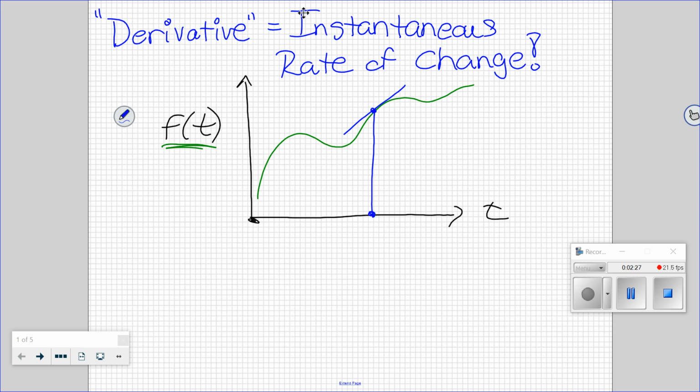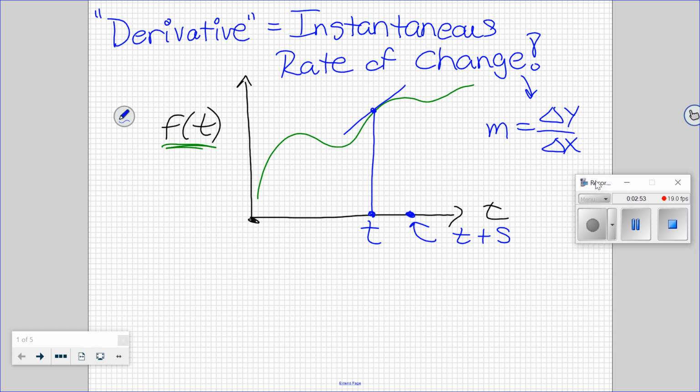Well, remember, your rate of change on an xy graph, the good old slope, is just delta y over delta x. So let's call this point t that I'm interested in. I'm going to make another point, and that's going to be time point t plus s, we'll call it s for something small. Some small amount of time.